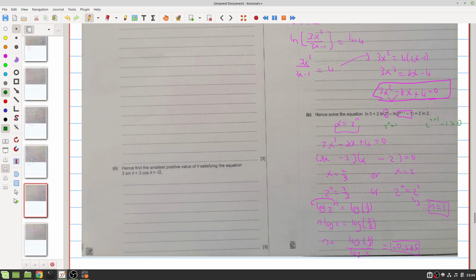Okay, so here let's just substitute in n equals 1.